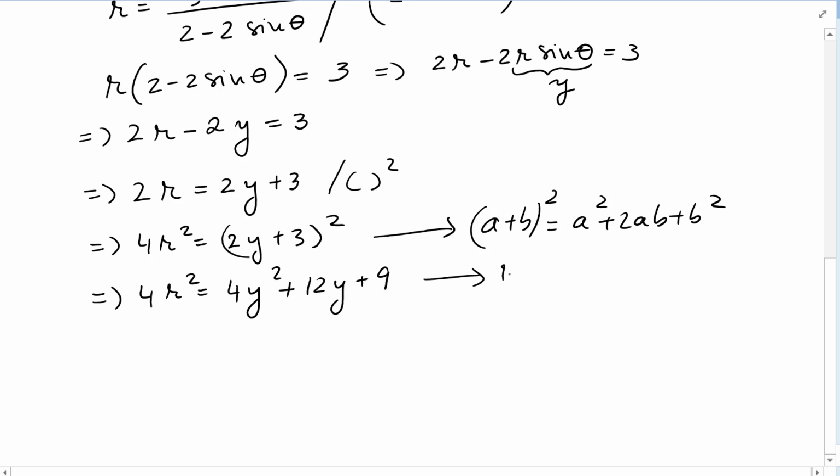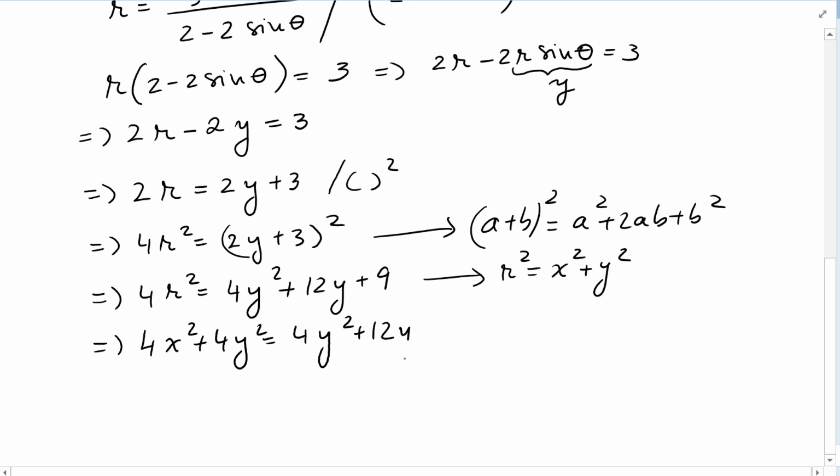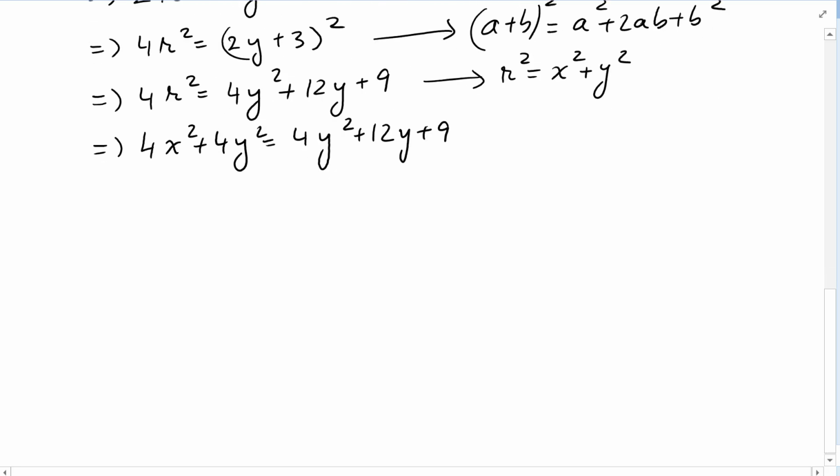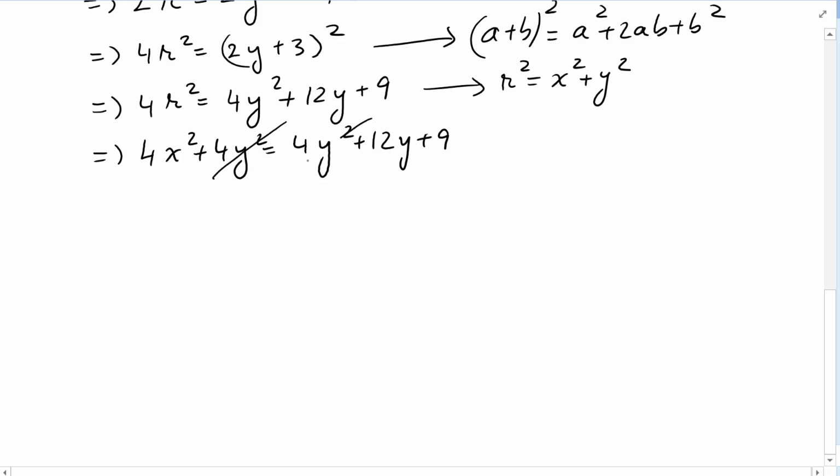We also know that r squared is x squared plus y squared. So 4x squared plus 4y squared equals 4y squared plus 12y plus 9. 4y squared cancels with 4y squared, and we end up with 4x squared equals 12y plus 9.